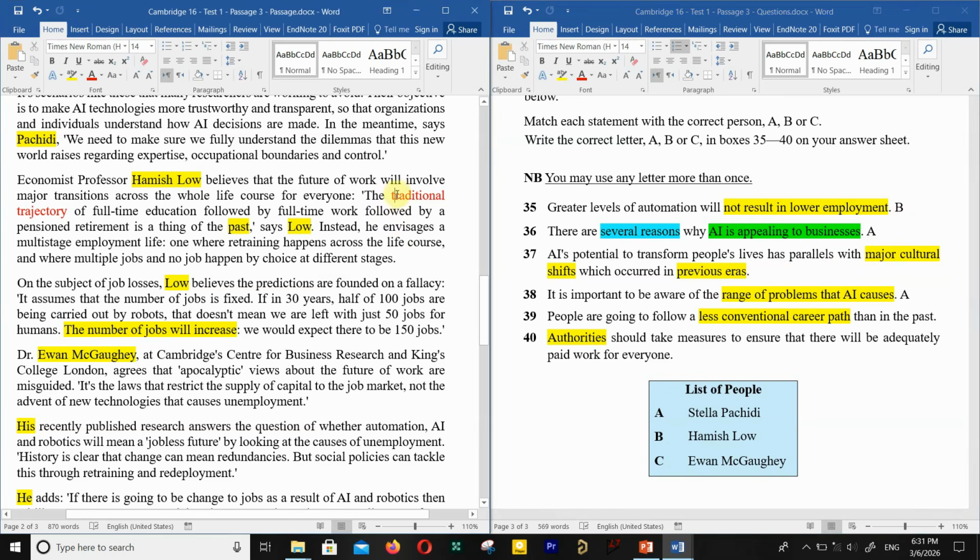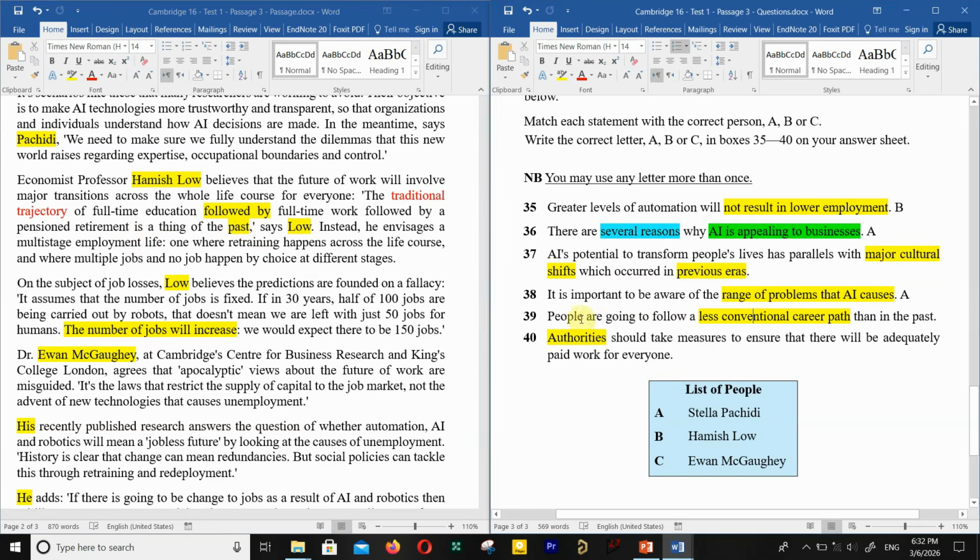And here it says that traditional trajectory. Okay, this one, 39. The traditional trajectory of full-time education followed by, here it says followed by, and it says people are going to follow a less conventional career path. Conventional career path means the traditional trajectory than in the past, and at the end it compares the thing is a thing of the past. Okay.